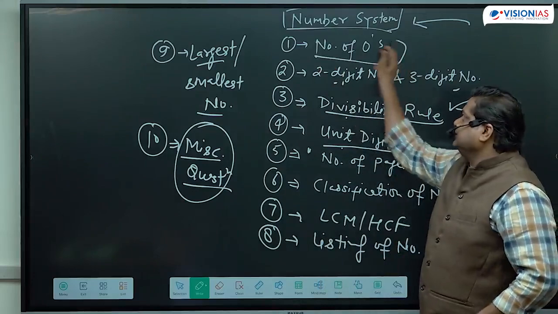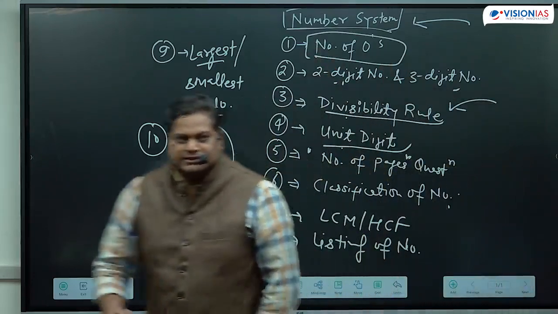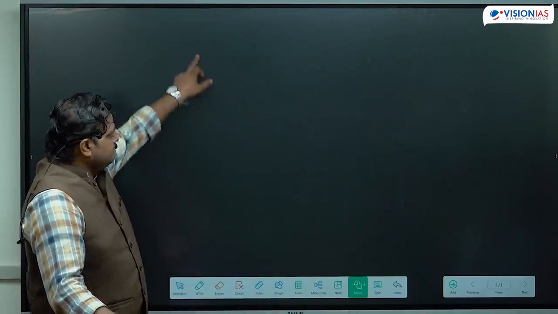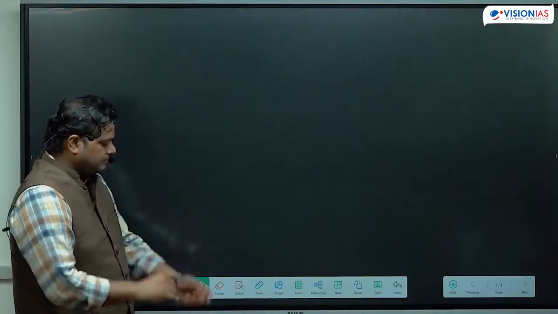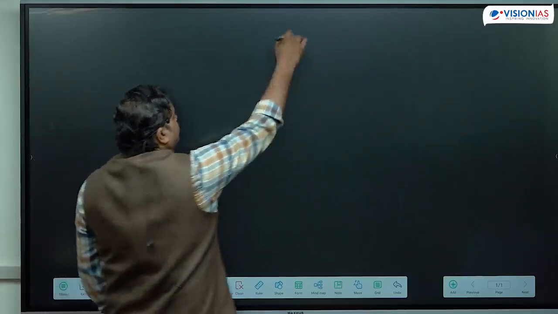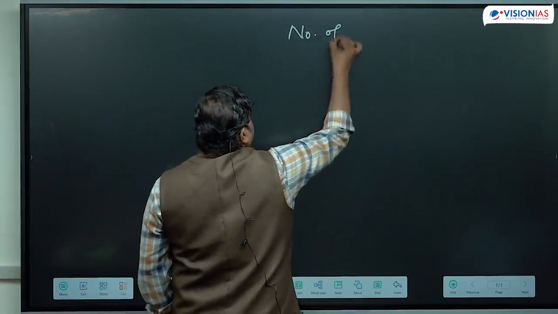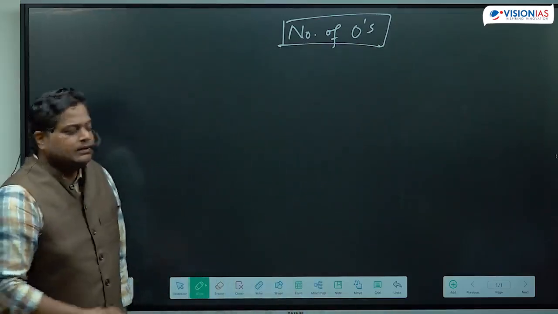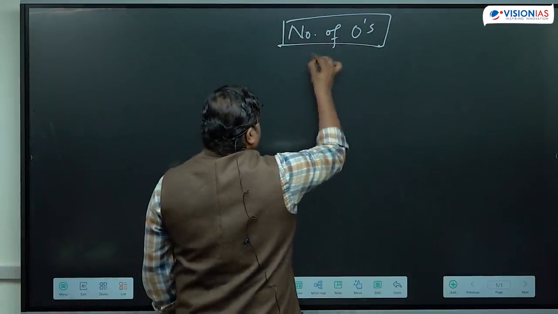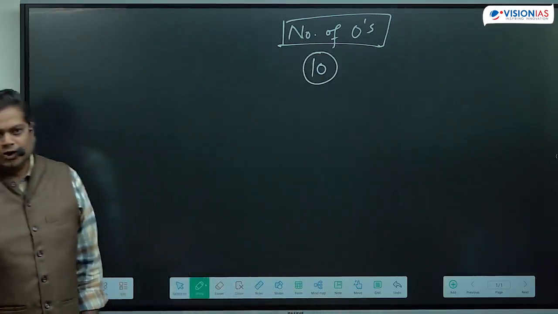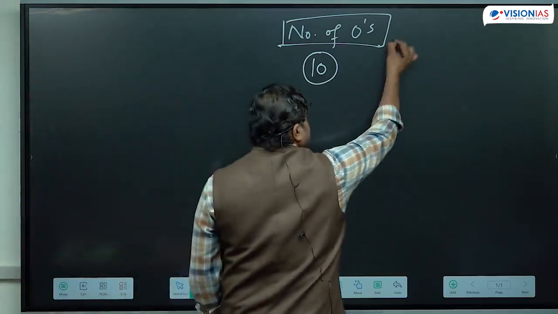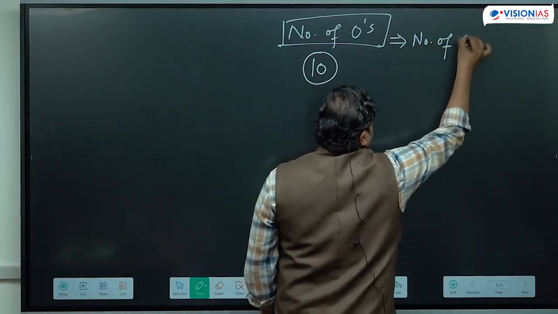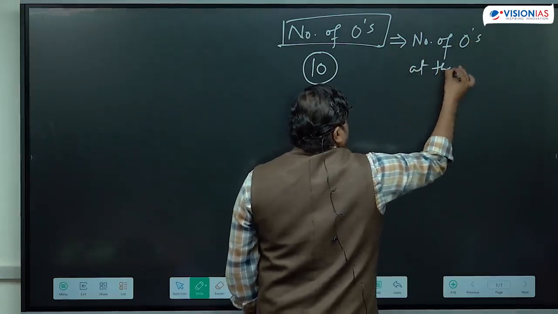We can start with number of zeros. If I write 10, how many zeros are there? The number of zeros topic means we need to look for the number of zeros at the end.